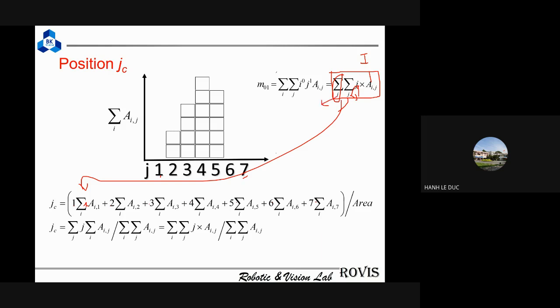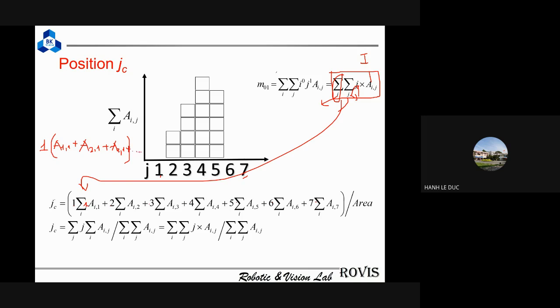For example, 1 multiplied by the sigma of this one: A11 plus A21 plus A31, plus and so on.